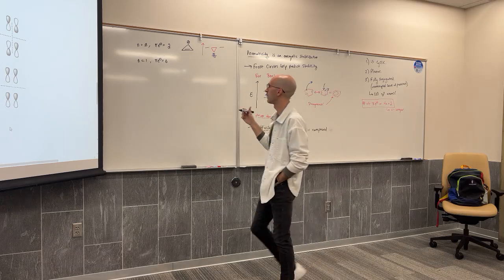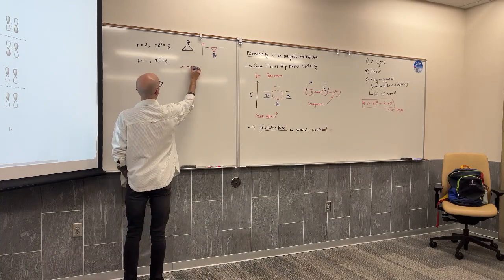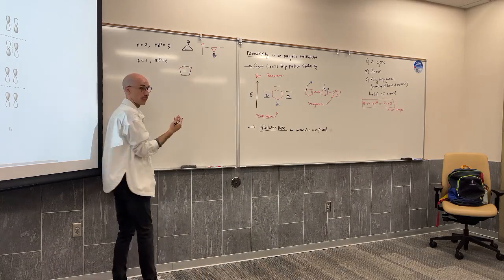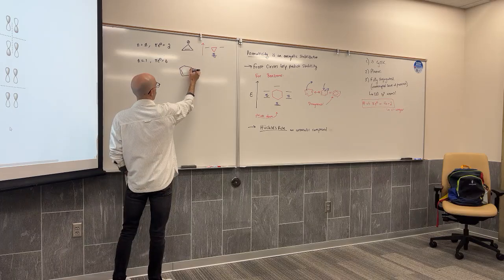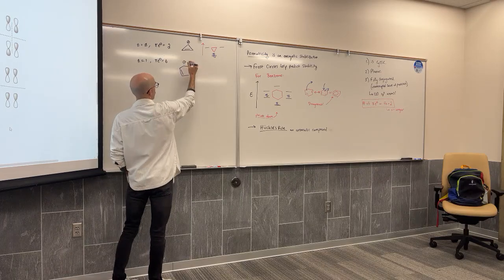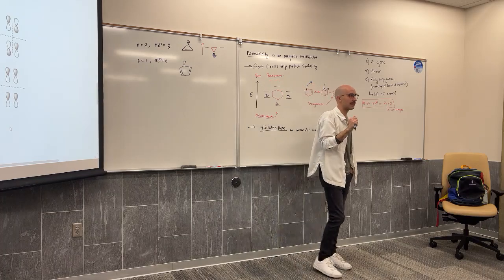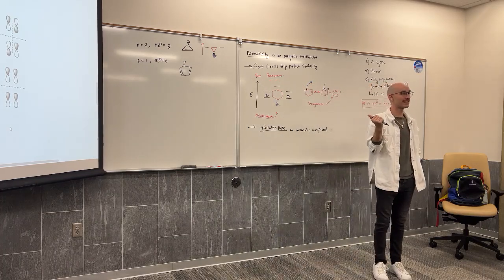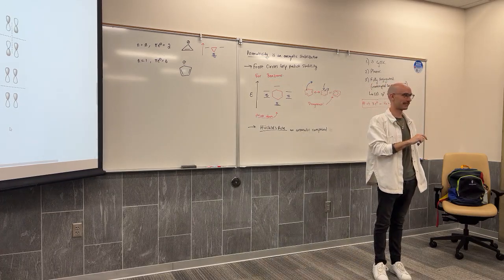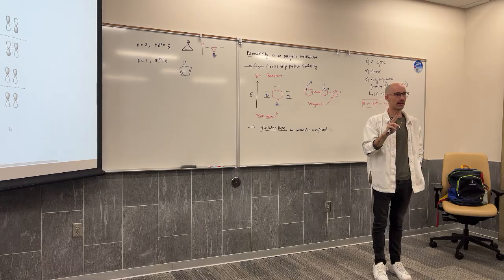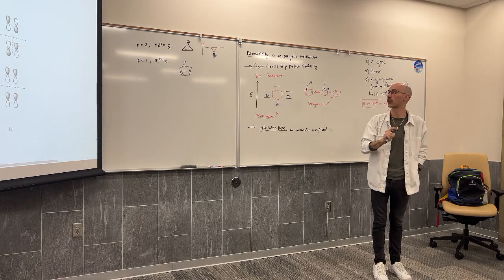The first one, we're going to skip over the 4-membered ring. We're going to take a 5-membered ring and put a lone pair with a negative charge on it. This is the cyclopentadienyl anion. 5-membered ring, 2 alkenes, negative charge.